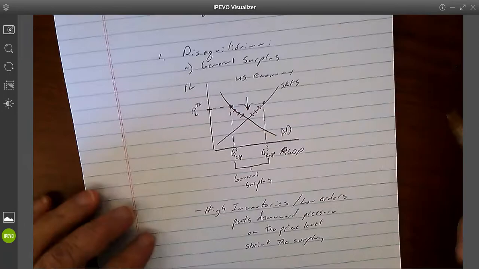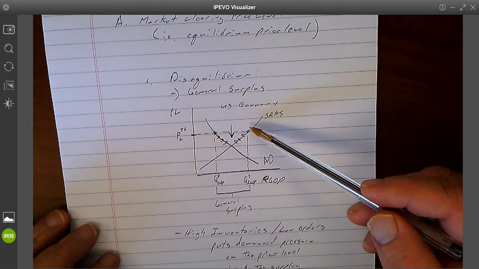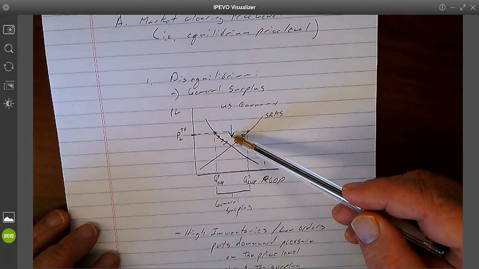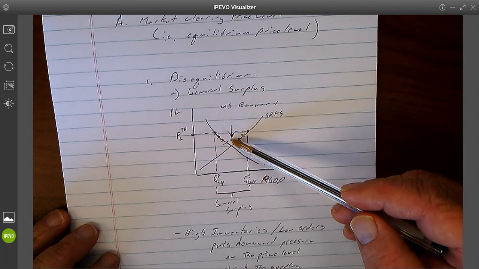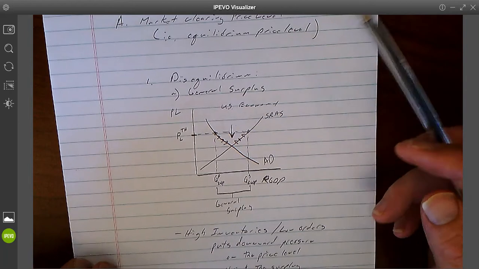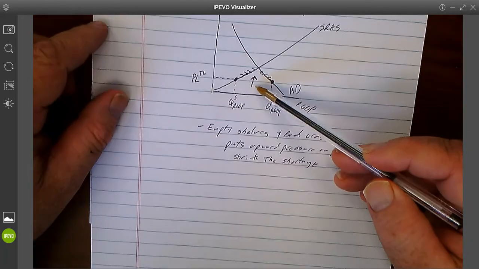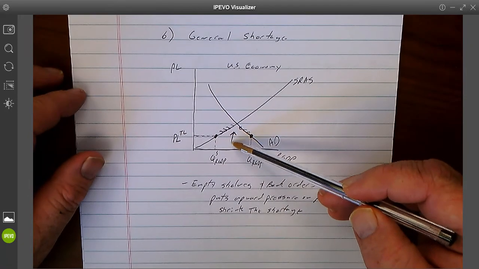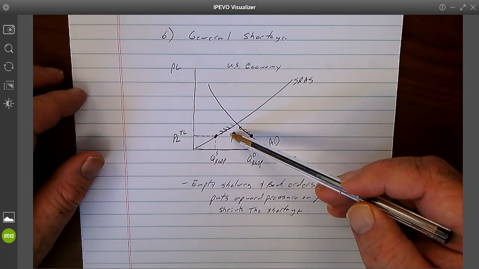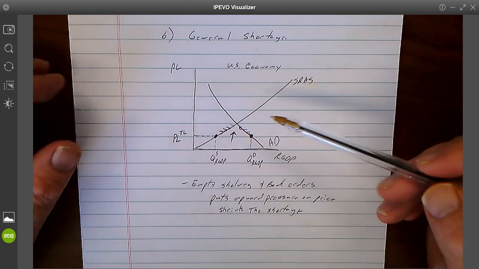So we've seen if there is a general surplus, prices will be pushed down, and they'll keep being pushed down as long as there's a surplus. And if prices are too low, there'll be a general shortage, and prices will be naturally pushed up, and that shortage will shrink.